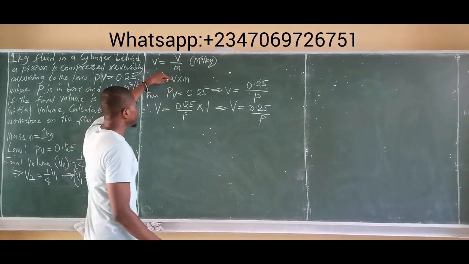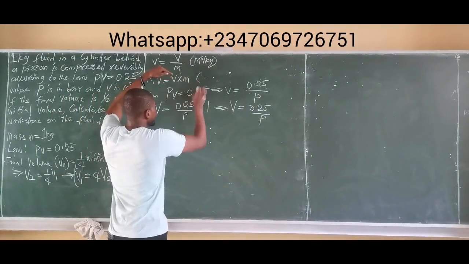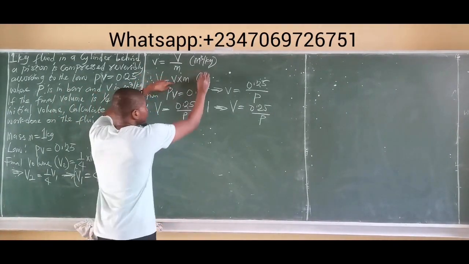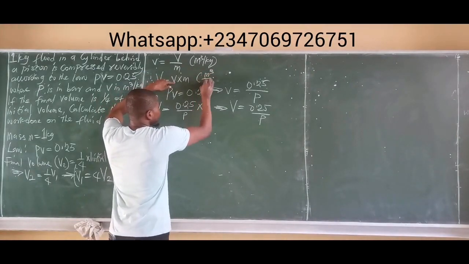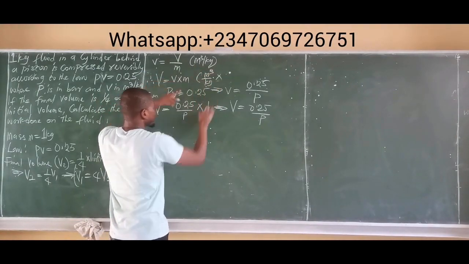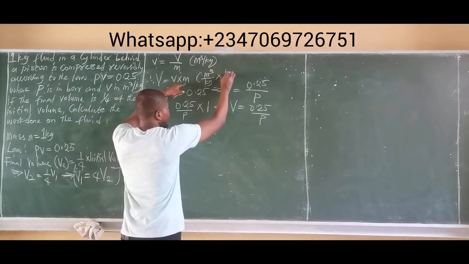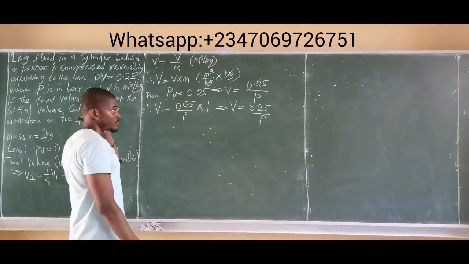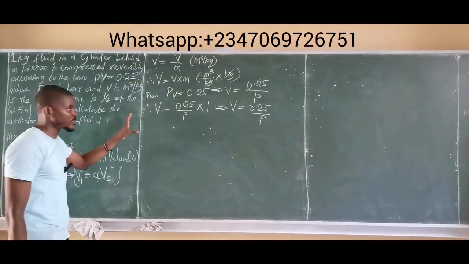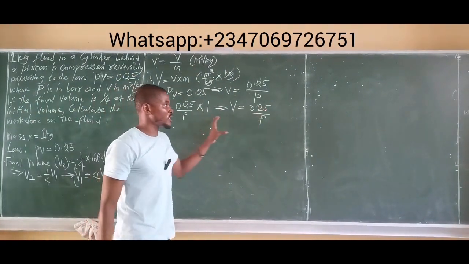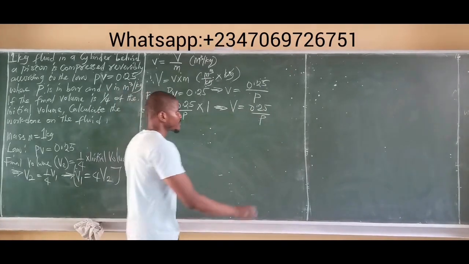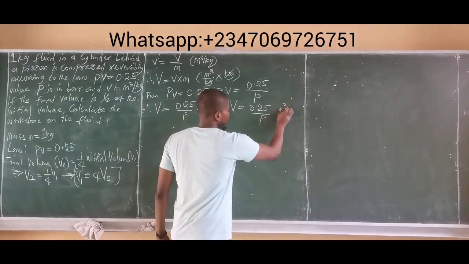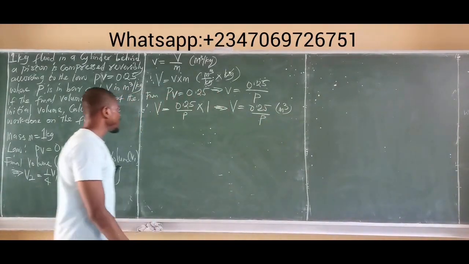Because if the unit of specific volume is meter cube per kilogram, then I am now multiplying by mass, and the unit of mass is kilograms. Notice now that kilogram cancels kilogram, and I'm left with meter cube, which is the unit of volume, and this is what we've just done over here. So this becomes volume in meters cube.